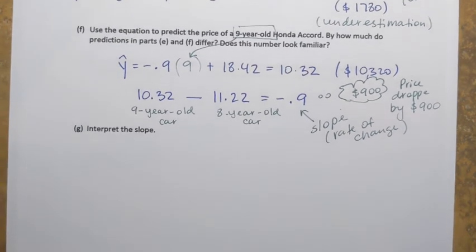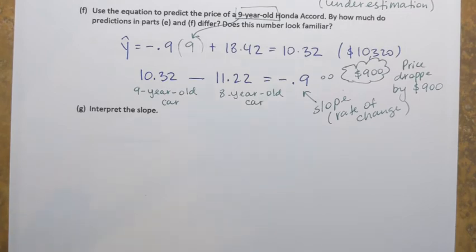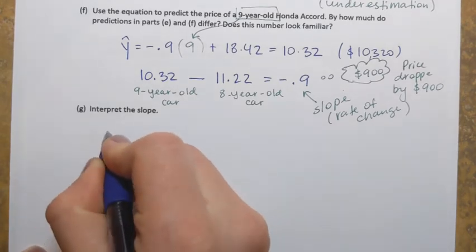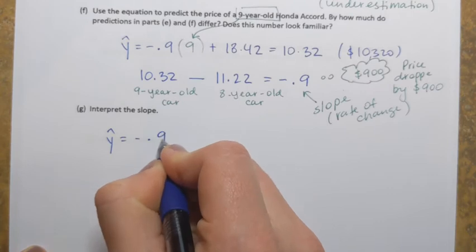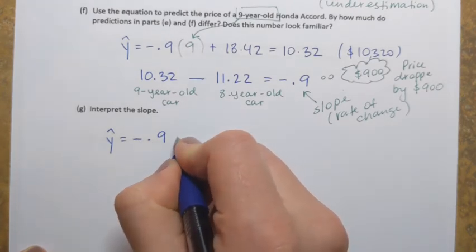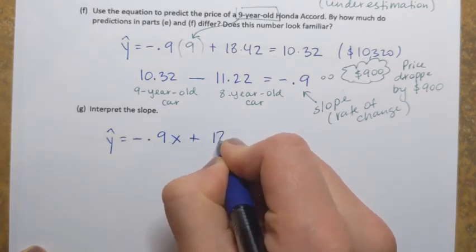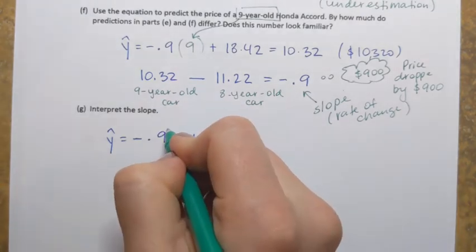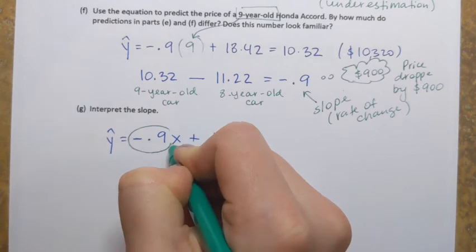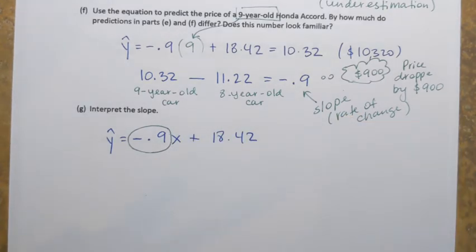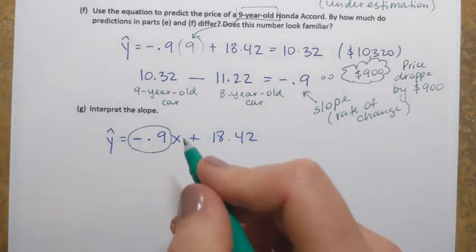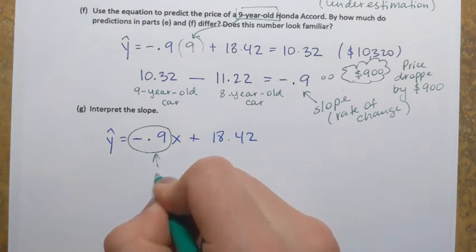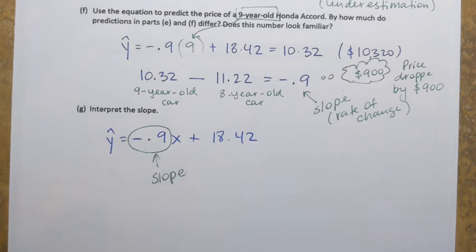Okay, so it says interpret the slope. Let me write down the regression equation one more time. X plus 18.42. So as we already said, this number that stands in front of x in a linear equation, or in our case, the regression equation, indicates the slope. That's the mathematical name for that number.